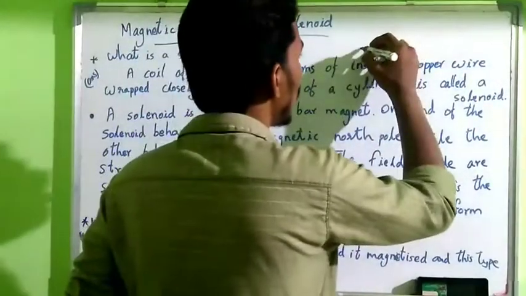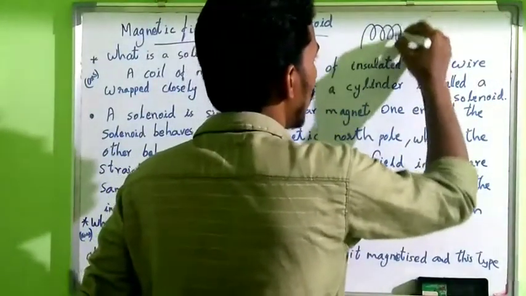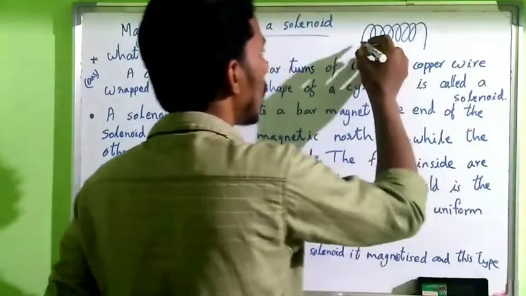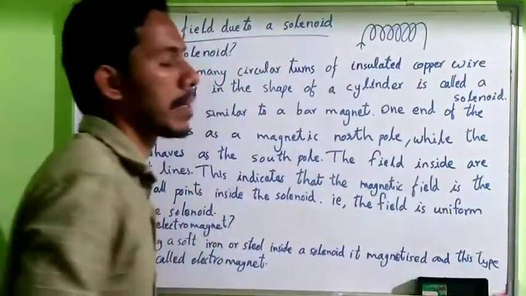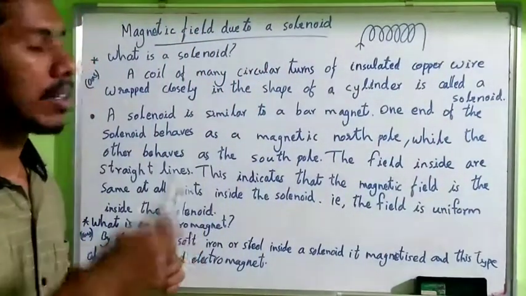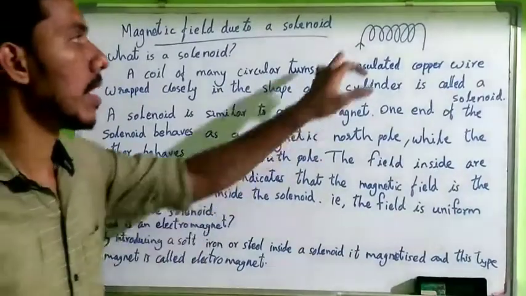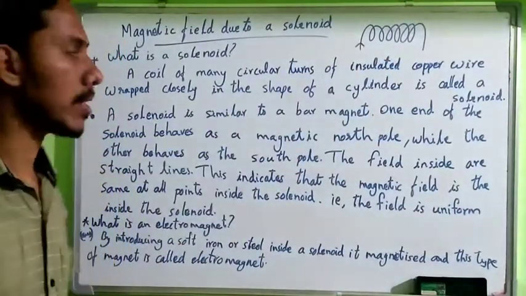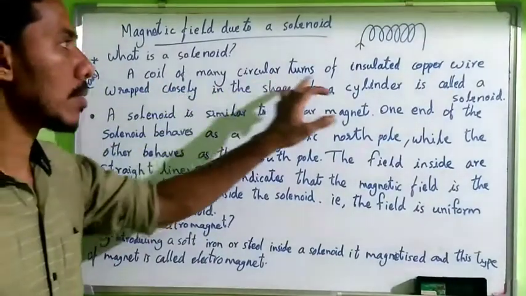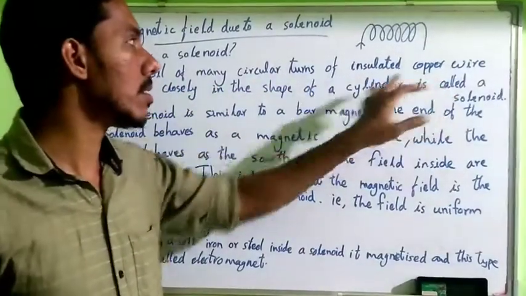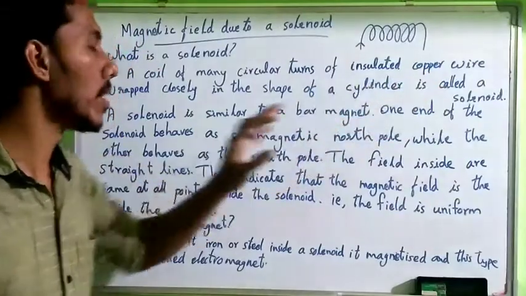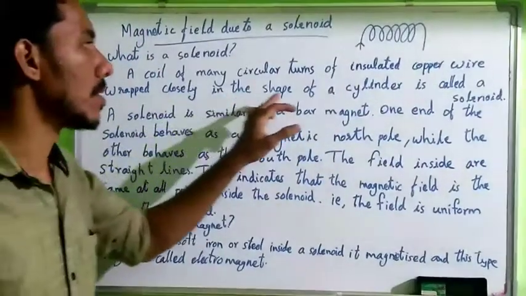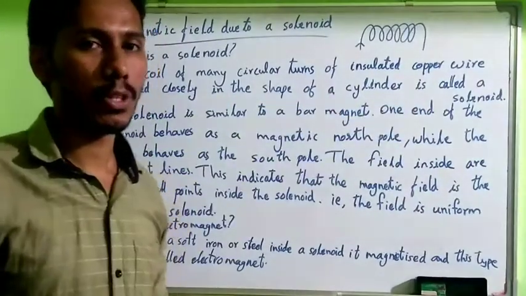Just listen here, there is an insulated copper wire. I wrap this coil like a cylinder. This is a solenoid.